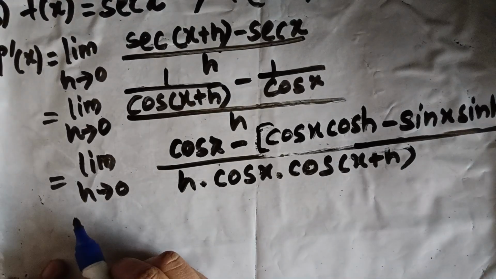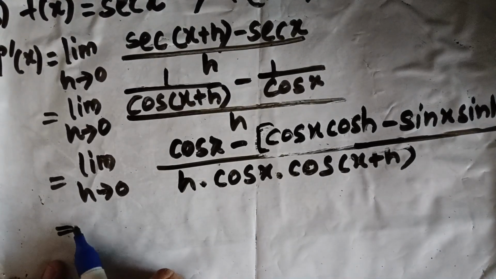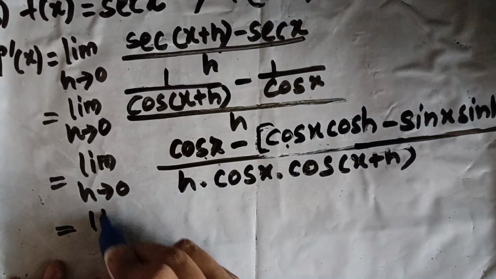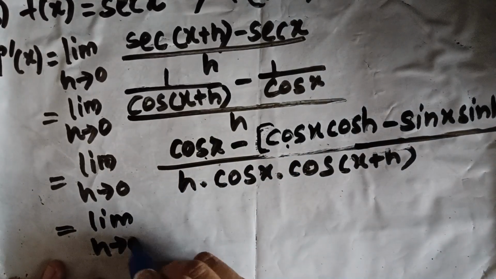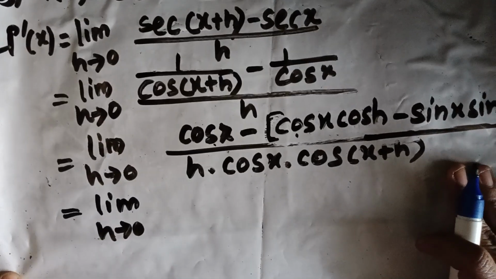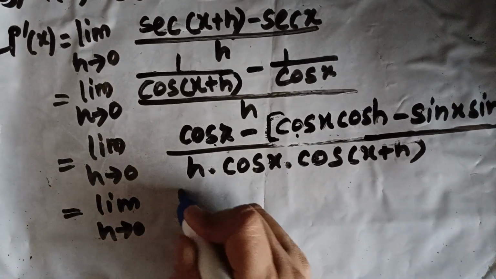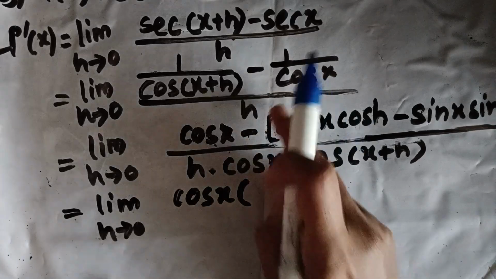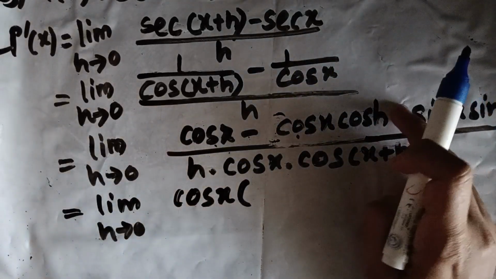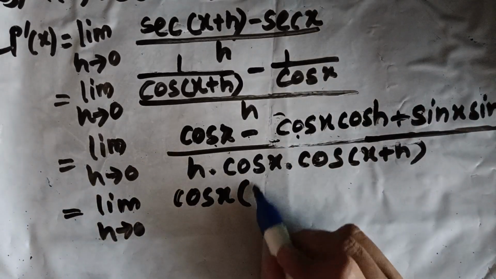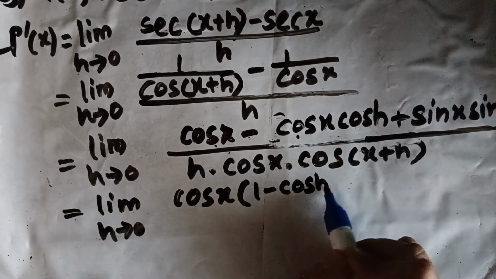So we can take this as, taking cos of x common, we'll get this is minus, and when I remove this bracket you will get here plus, 1 minus cos h.